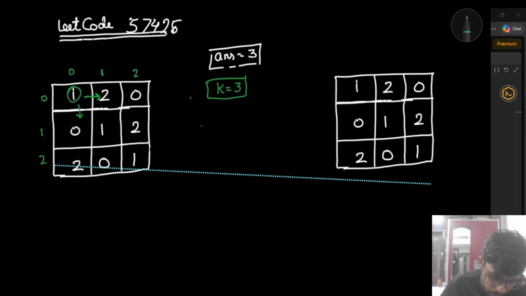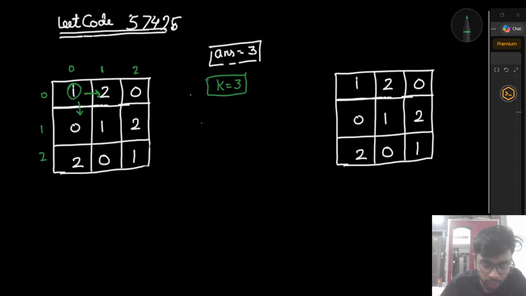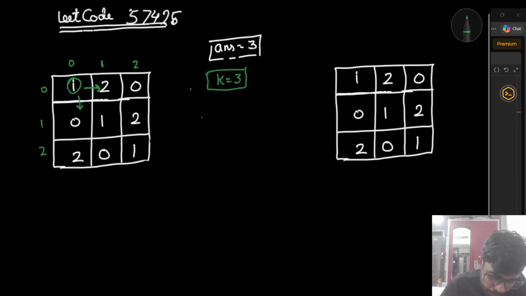When it comes to exploring all the ways, the only thing that comes into my mind is recursion. So here we will be using recursion to explore all the paths and choose the required path.